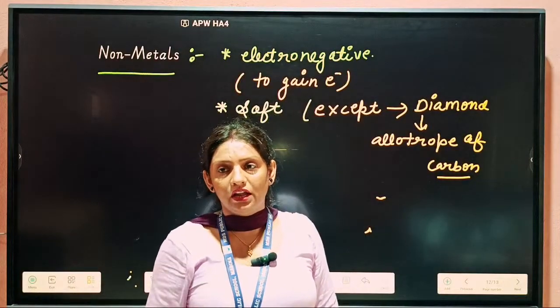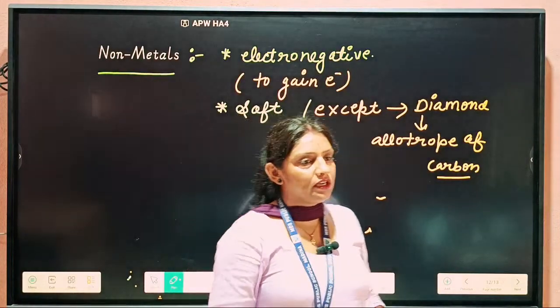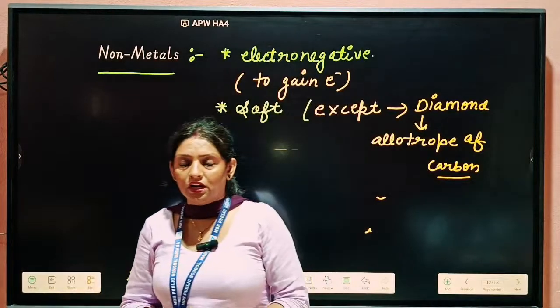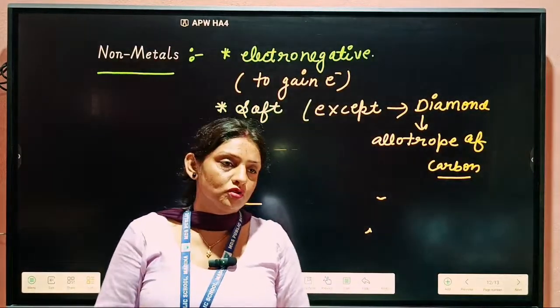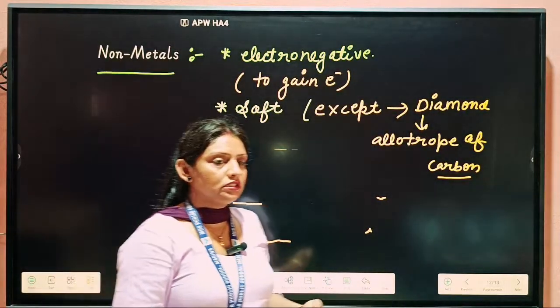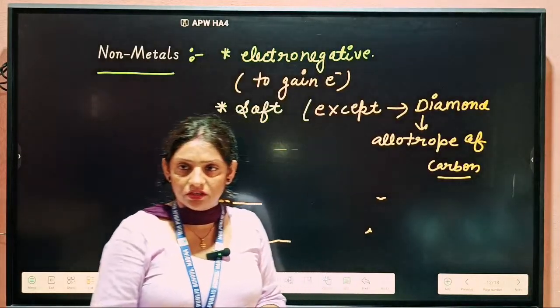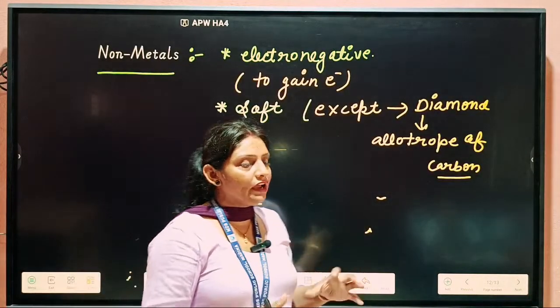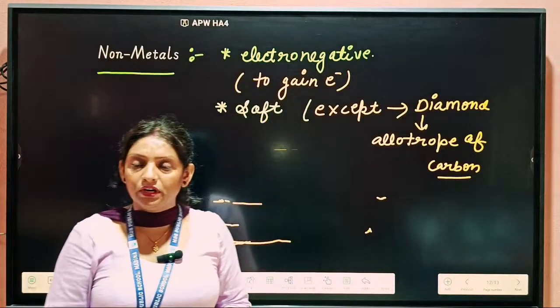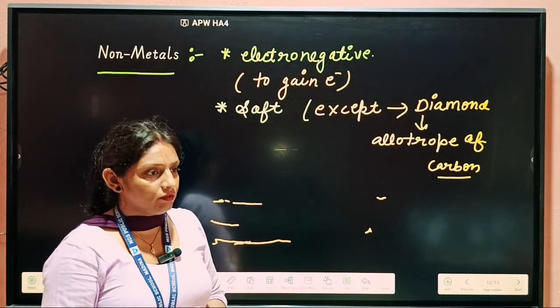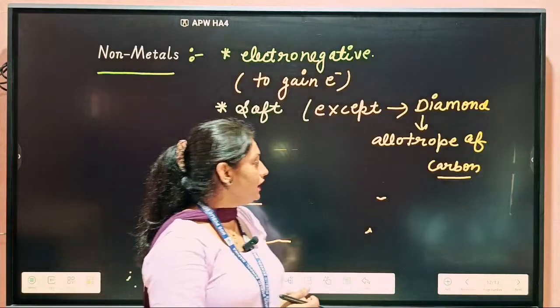There are basically three main allotropes of carbon: diamond, graphite and fullerenes.